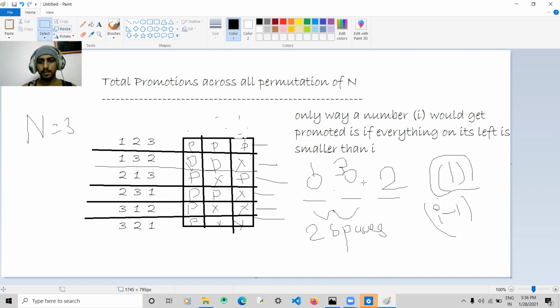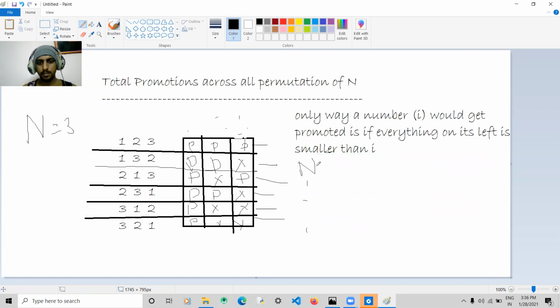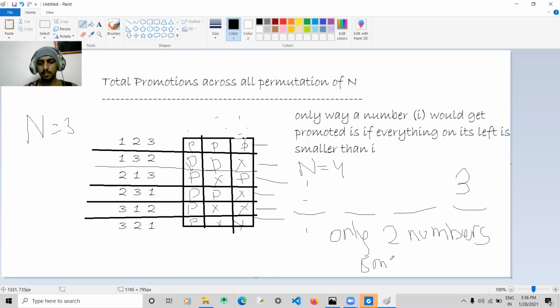Okay, so for example, just take n equals to 4. If n equals to 4 and you make something like this, then you can keep 4 here, but you can't keep 3 here, because there are only 2 numbers smaller than 3, and you have to fill 3 places, so you end up using a bigger number.